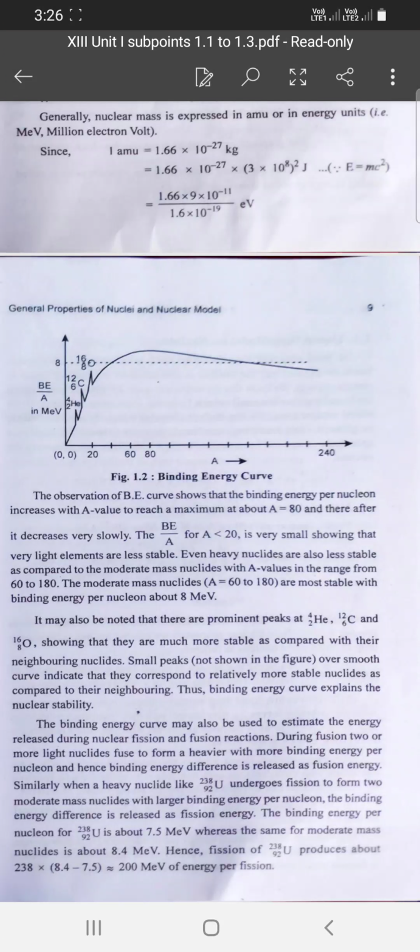The binding energy per nucleon for uranium 238 is about 7.5 million electron volt, whereas the same for moderate mass nuclides is about 8.4 million electron volt. Fission of uranium 238 produces about 238 into (8.4 minus 7.5). After this multiplication, it comes to about 200 million electron volt energy per fission.